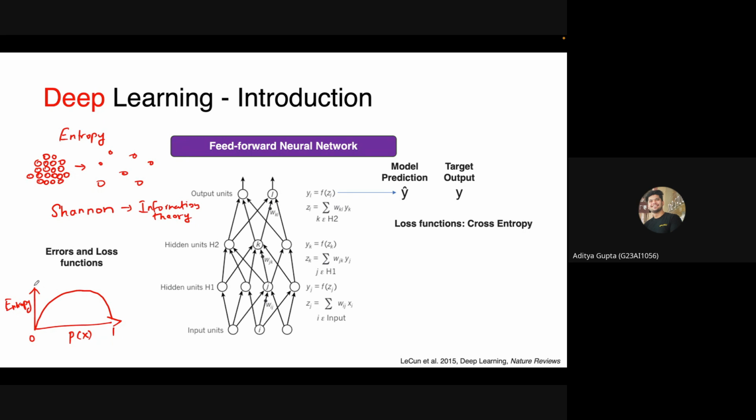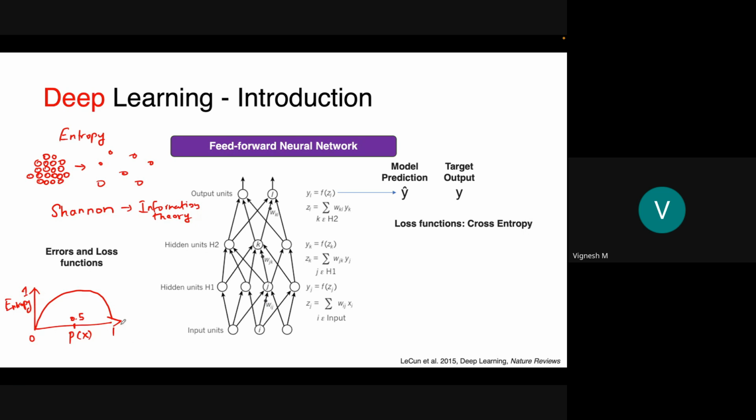So what is p of x here? p of x is the probability of an event x occurring. Okay, right? And this is say 0.5. Now, people often understand the formula, but understanding the intuition is much more important, right?